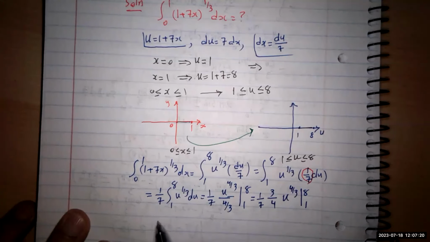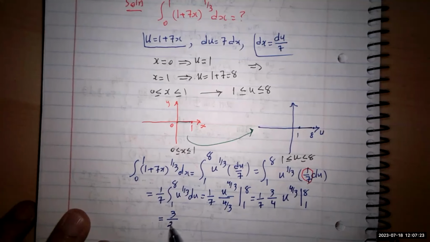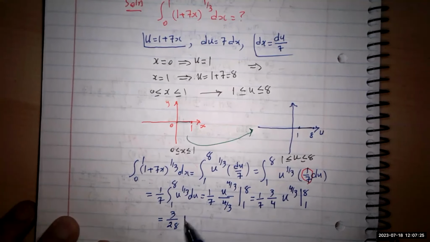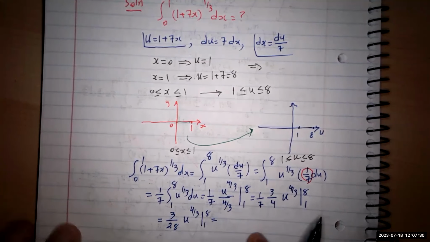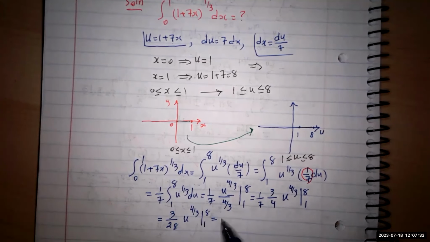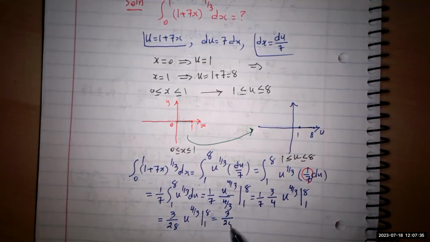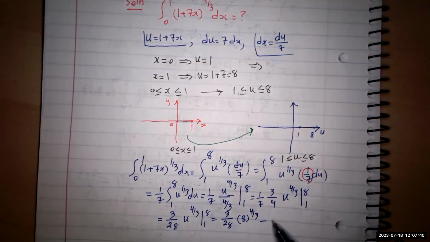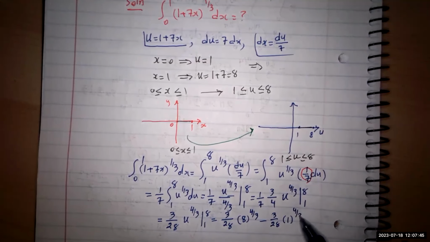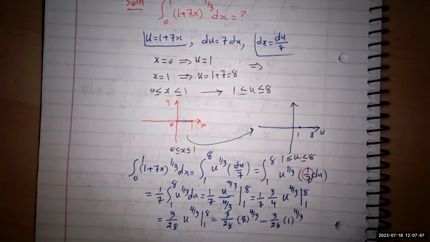So that gives you 3 over 28 times u to the 4/3 from 1 to 8. You substitute. So it's 3 over 28 times 8 to the 4/3, minus 3 over 28 times 1 to the 4/3, which would be just 1. 8 to the 1/3 would be 2, and 2 to the 4th would be 16.